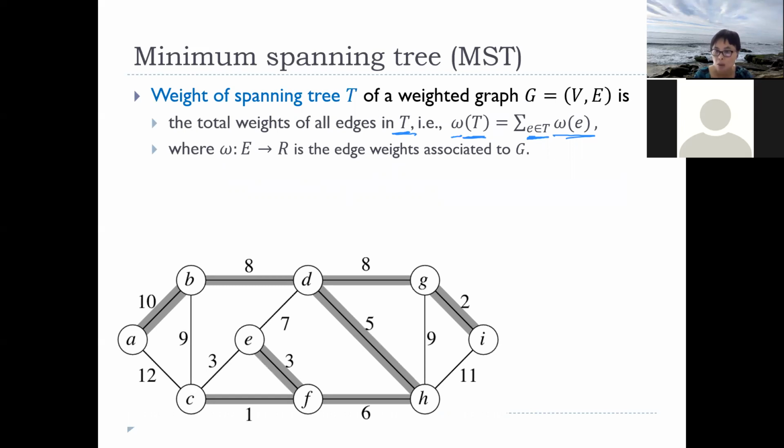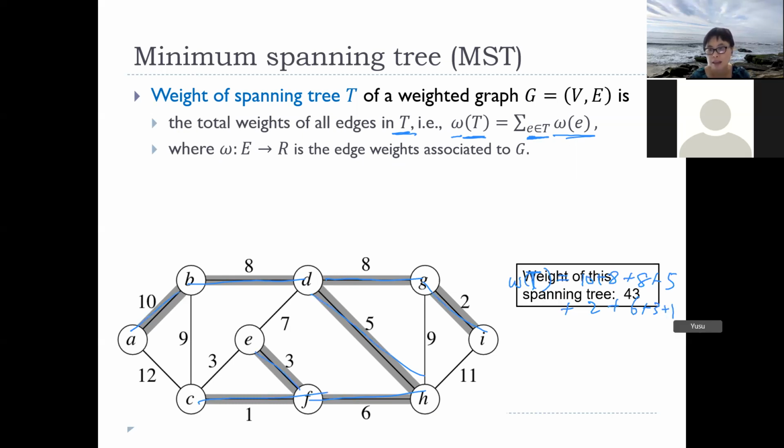The weight of this tree is simply the sum of the edge weights in the tree, which is 10 plus 8 plus 8 plus 5 plus 2 plus 6 plus 3 plus 1. You can calculate it. I think the total equals 43. So that's the weight of the spanning tree.